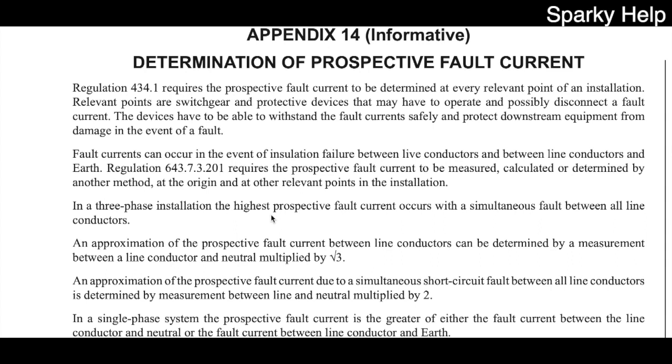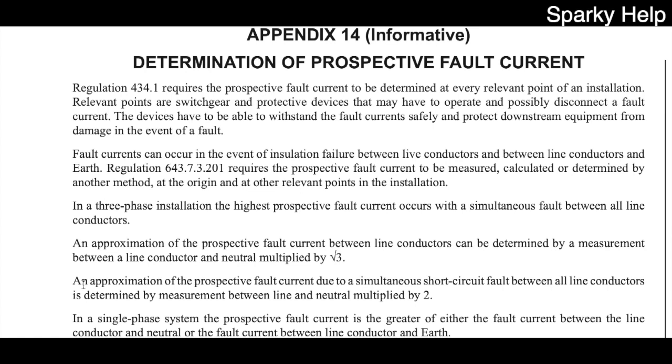However, what we can do is just use a simple calculation, and it is possible to just multiply it by the square root of 3, which is 1.732, but obviously maths isn't particularly my strong point in that sense, so multiplying any number by 1.732, I'd need a calculator to do it. So what do they tend to do? Well, there's your 1.732 here, which is the root 3 between line conductors.